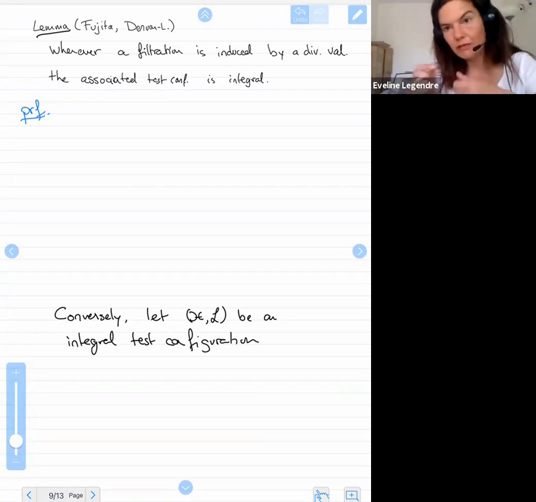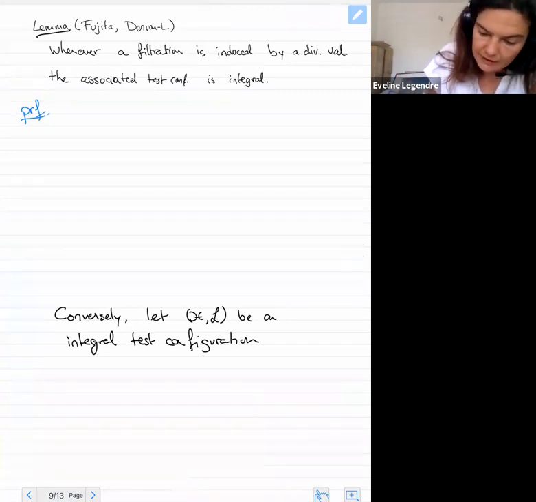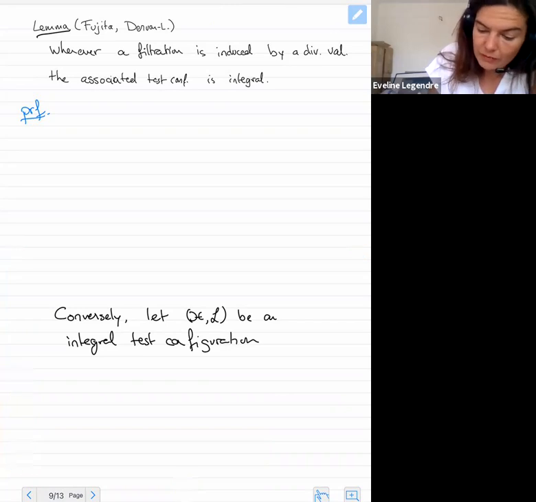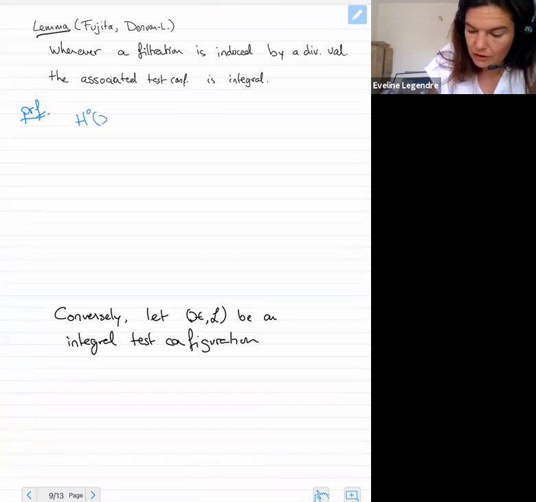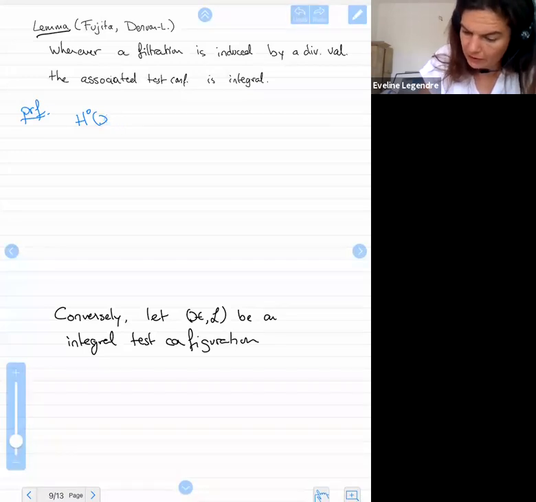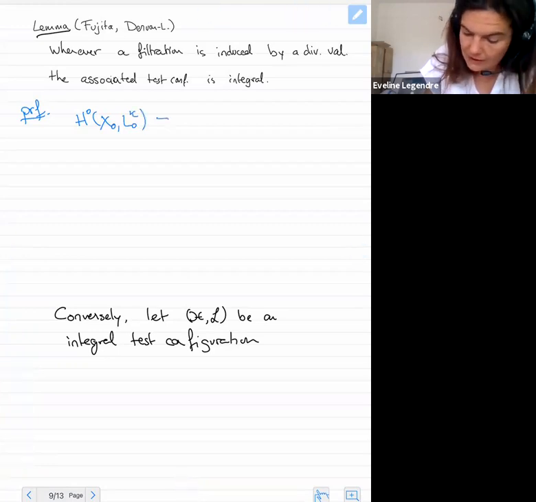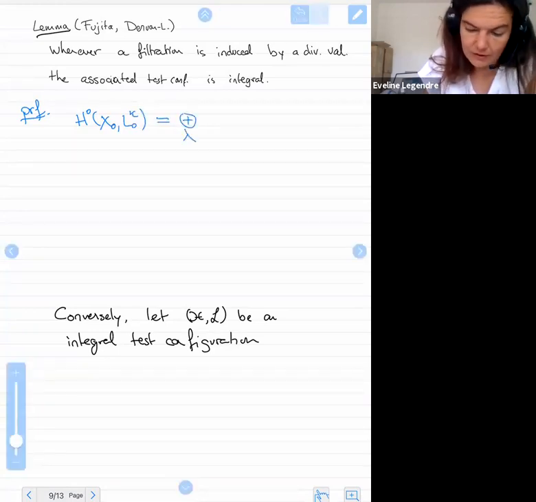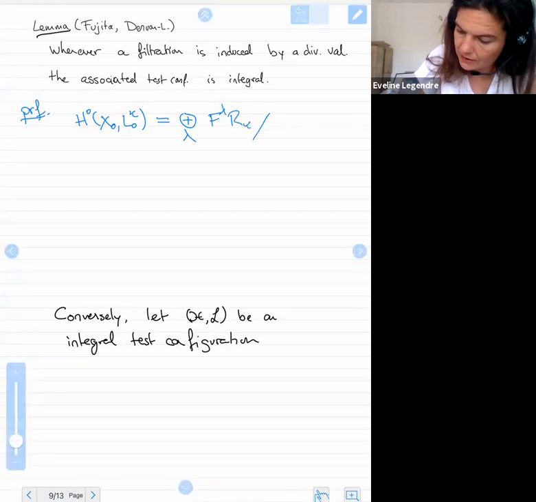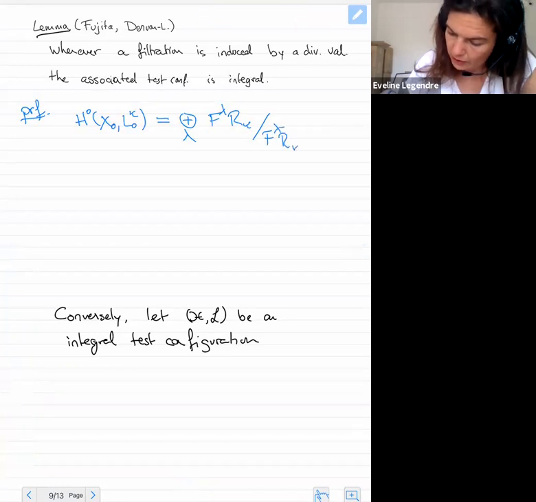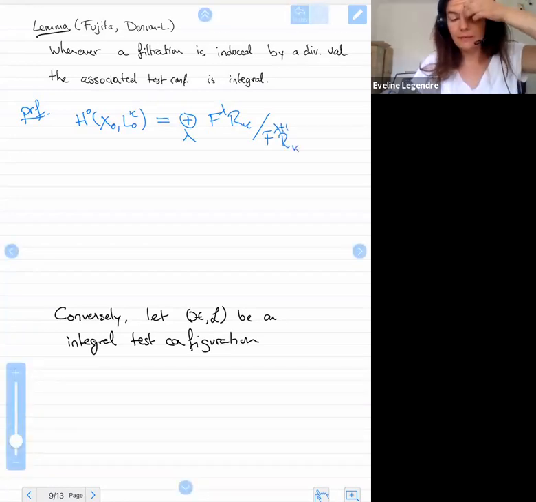Because we take the relative Proj to construct the test configuration, we know that the homogeneous coordinate ring of the central fiber will be given by this. So the central fiber, oh, I didn't denote the central fiber this way, so let me be more precise. It's going to be the sum over some numbers lambda of F^lambda R_k quotiented by F^(lambda+1) R_k.